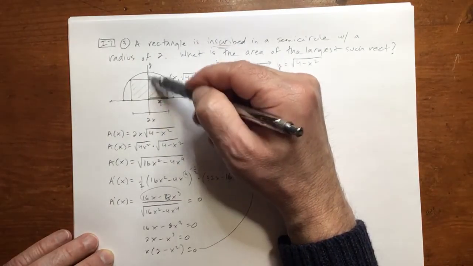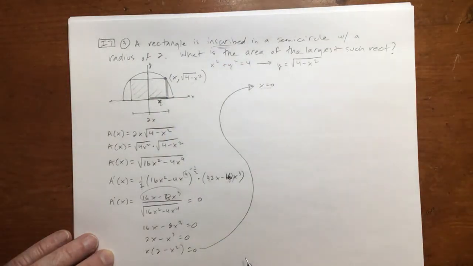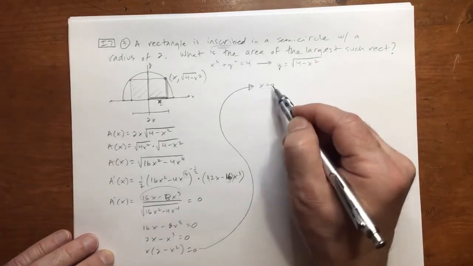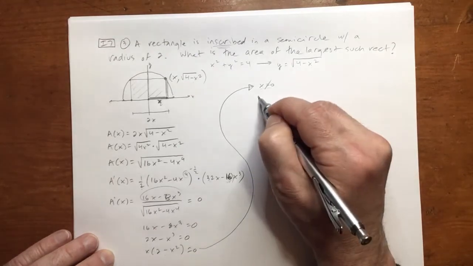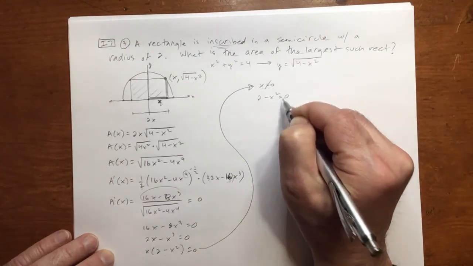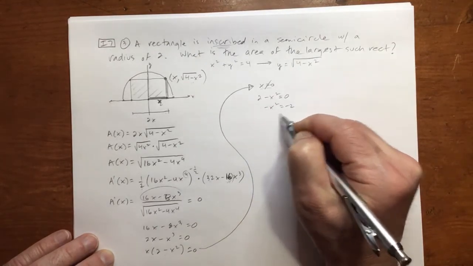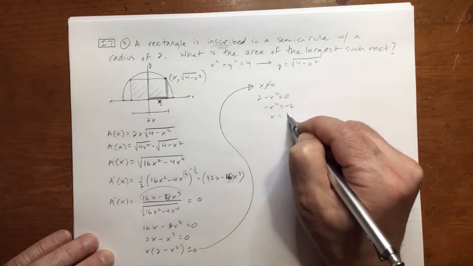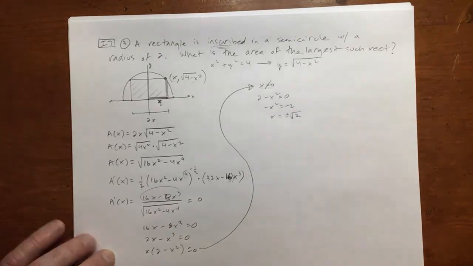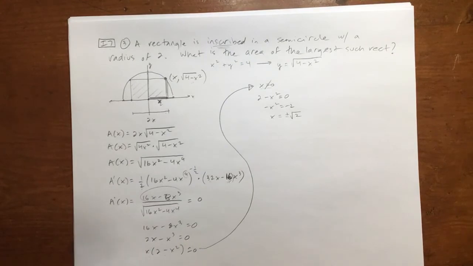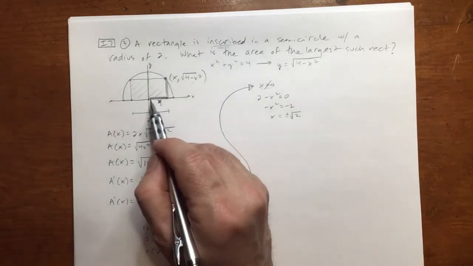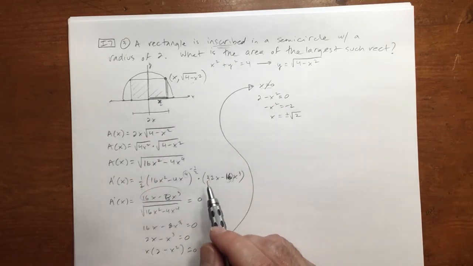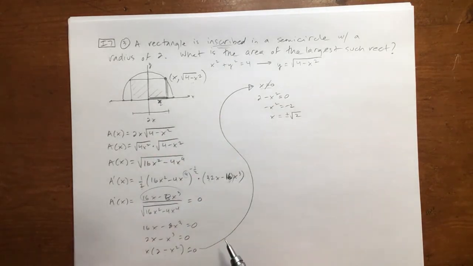My rectangle would be right there. Okay, so that clearly is not going to be our answer. Then this one, 2 minus x squared could equal 0, so negative x squared equals negative 2. So x is positive or negative square root of 2. Okay, you could once again make a sign chart, but the square root of 2, about 1.4, would be the x that we're looking for.